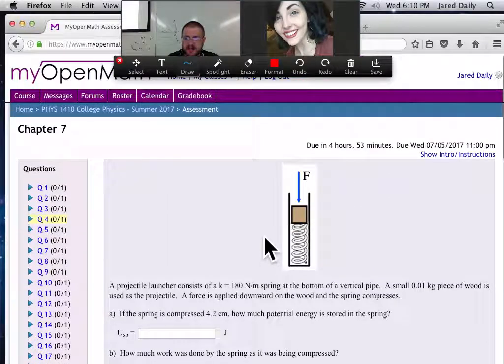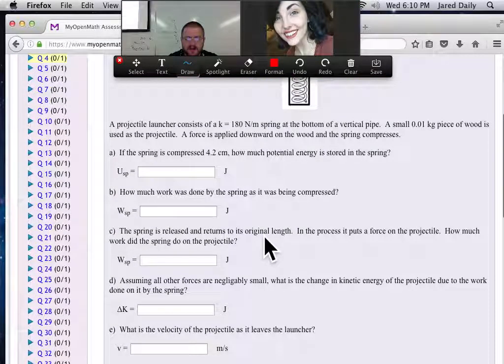Let's see here, 4.2. I'm going to do a quick calculation and see if I can get the sign right.